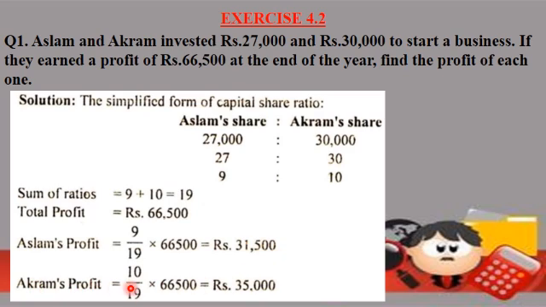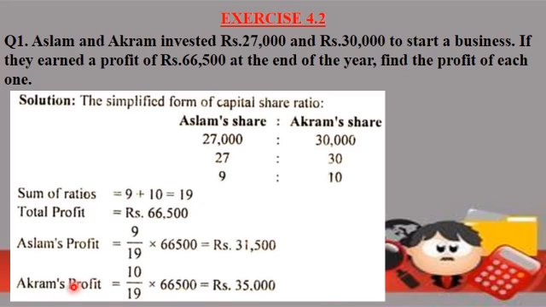Now we are moving to Akram's profit. For this purpose, we take 10 out of 19, because 10 is the share for Akram. So 10 out of 19 and multiply with the same amount, that is the profit amount we have to distribute, 66,500, and after doing all these calculations, we will have 35,000 rupees.